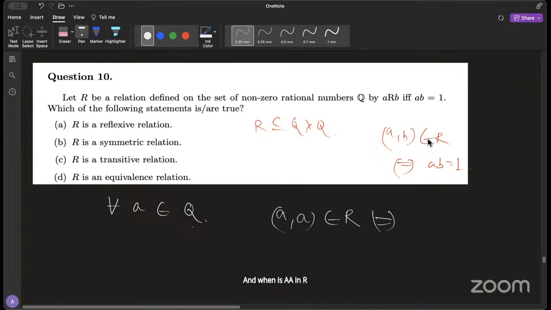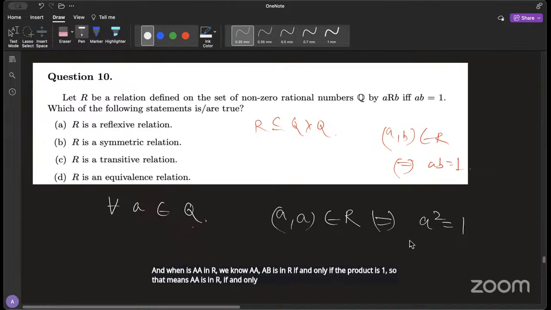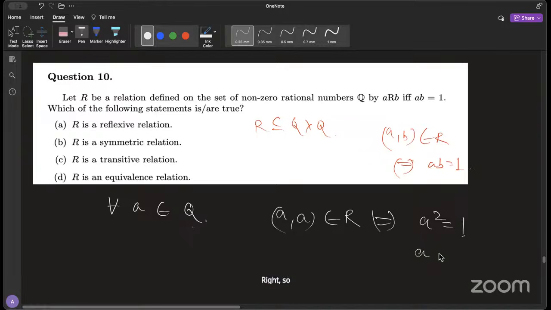We know (A, B) is in R if and only if the product is 1. So (A, A) is in R if and only if A squared is 1, so A is equal to 1 or minus 1.